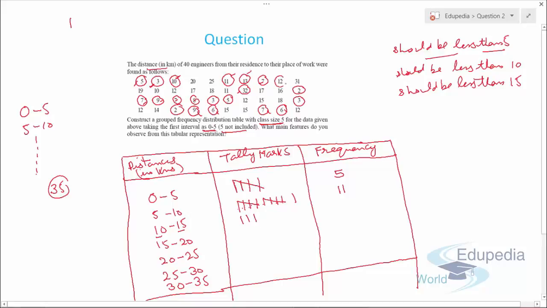Then this is a fourth value, right. 10 we can include, this is a fifth value, right. Then this is a sixth value, and this is the seventh value, right. Then we have this value 8, right. 15 should not be there.